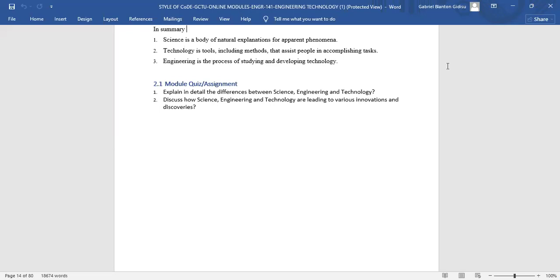A tool does not necessarily mean that it's a screwdriver or something like that. No. Softwares are tools that assist people in accomplishing tasks. Engineering is a process of studying and developing technology. But the quiz is there. Please, you go and do.